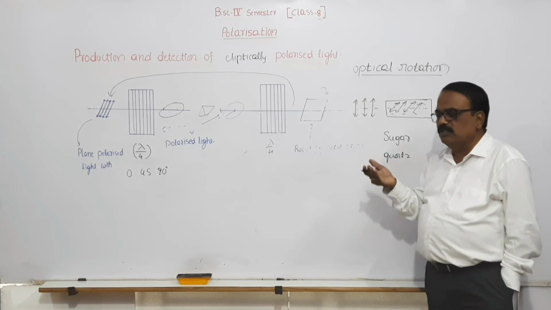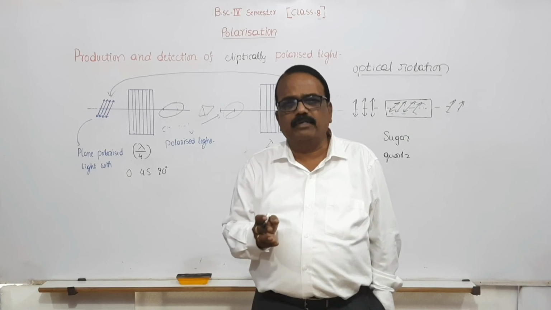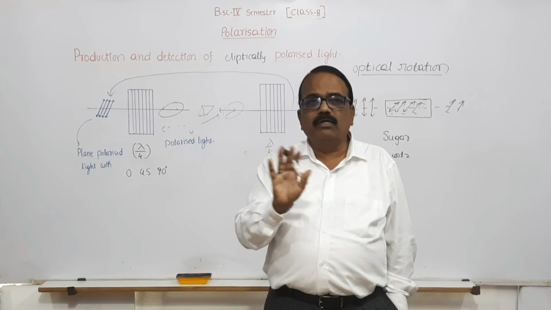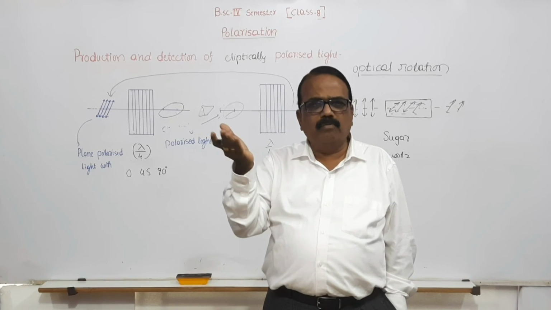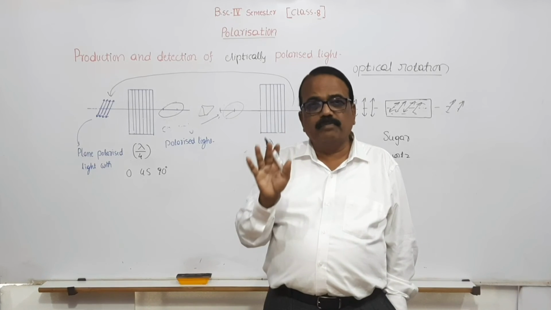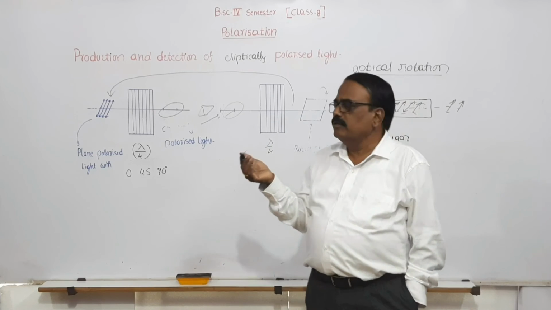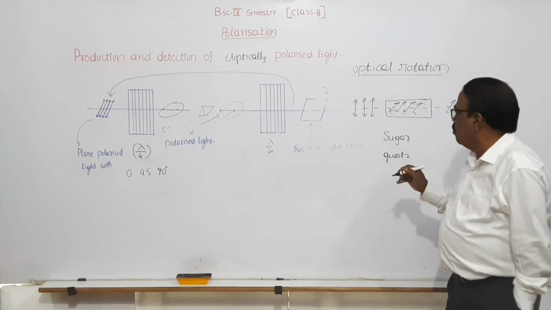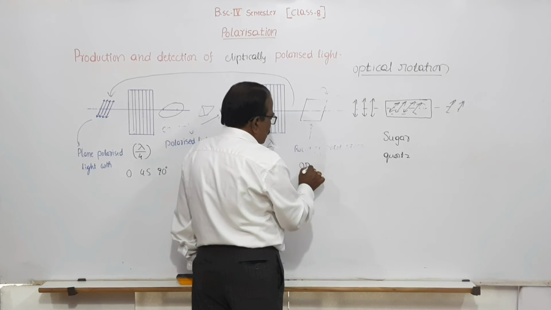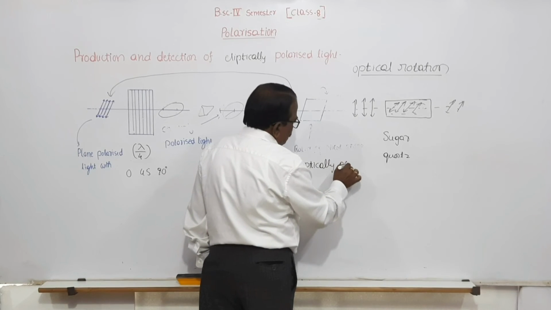The substance which rotates the plane of vibration or plane of polarization is called an optically active substance. Water does not rotate the plane of polarization. It is optically inactive.